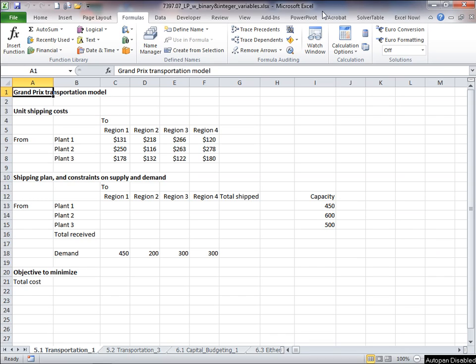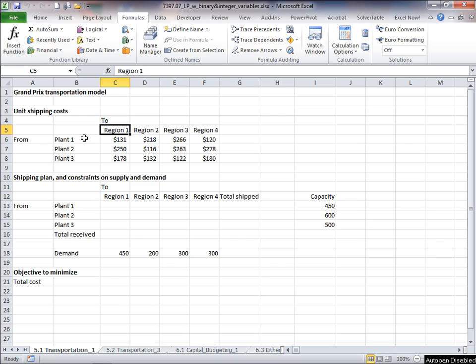And they're very simple. Basically, what they say is, I want to ship, in this case, from one of the 3 plants that you see listed here to one of these 4 regions. Ordinarily, this problem is going to depend on 2 things.